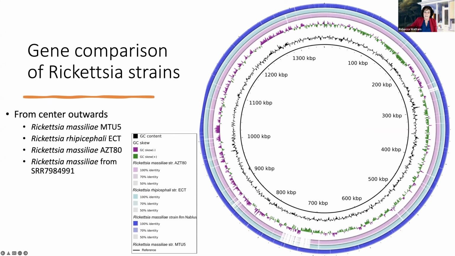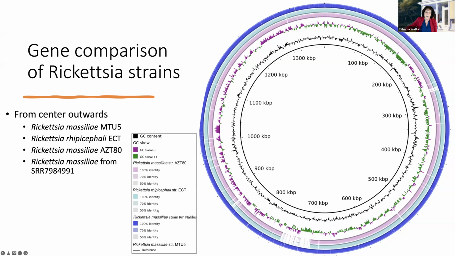And so this is a little hard to digest, but for those of you who are familiar with it, you'll get it faster than I did. GC content, and then the next ring in is GC skew, showing the forward and reverse strand. And then each of these with colors are different strains that they were comparing to the reference strain, which was this MTU5 strain.